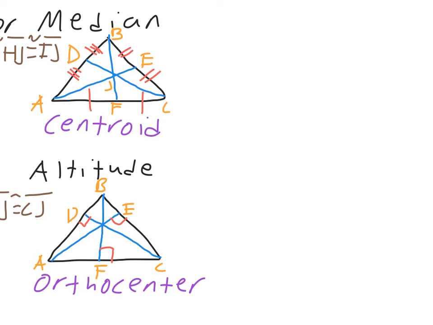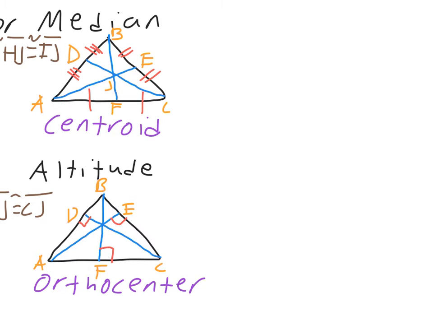And the rule is that the part of the line segment that goes from the vertex and then stops at the centroid is equal to 2/3 of the whole thing.